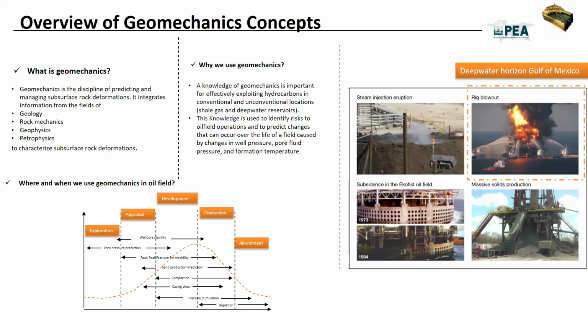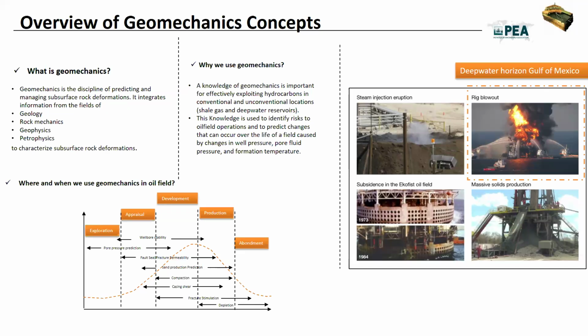So finally, where and when have we used geomechanics in the oil field? Just to mention that geomechanics is involved from the exploration to the abandonment phases of the life cycle. From the start, we use geomechanics in pore pressure prediction in the exploration and appraisal phases. We can also use wellbore stability in the appraisal and development phases.